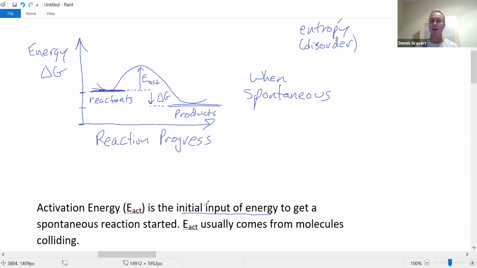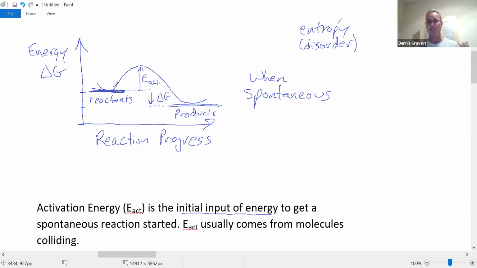So let's talk about a fire. Let's say you stack up some pieces of wood, some logs, so you got some kindling, maybe some paper. It's all neat and dry, ready to go. Remember, to get a spontaneous reaction going, sometimes you have to get a little kick. In this case, you have to light a match, get a little spark going. And so that little spark carries much more energy than the level of these reactants.